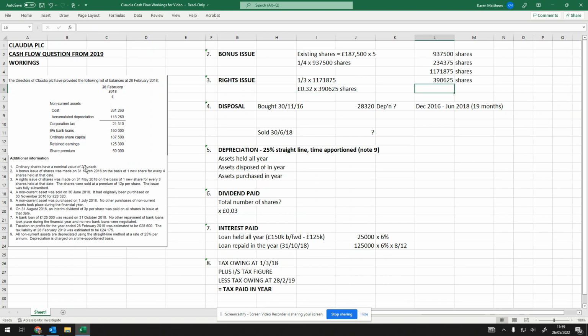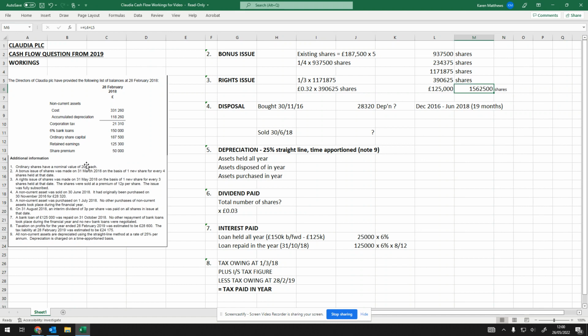So let's just get rid of that out of the way for the moment. So the money we've received, 0.32 times the 390, we've actually received £125,000 worth. Okay, so let me just follow my own advice and stick a pound sign in front of there. Now the number of shares we've got, let's just retotal that because we're going to need to use that figure in a sec to pay the dividends.